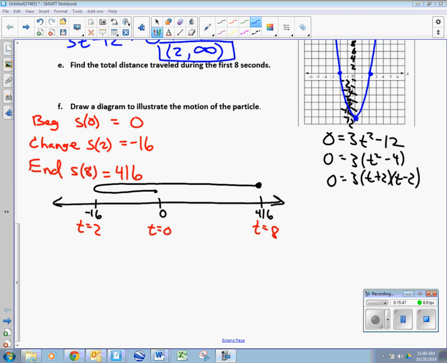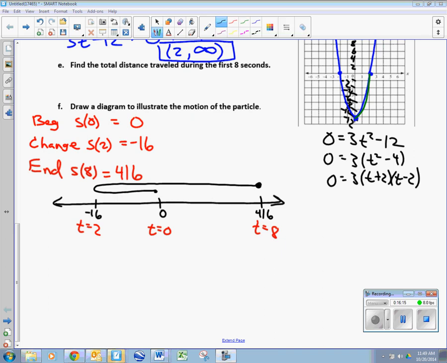Okay. Find the total distance traveled. So after I've laid out these points, this is my beginning. This is where I changed direction. Notice I was traveling the negative direction right away. That corresponds with the green portion of this graph. And then the blue portion remaining corresponds with traveling the positive direction. The question is, find the total distance traveled during the first 8 seconds.